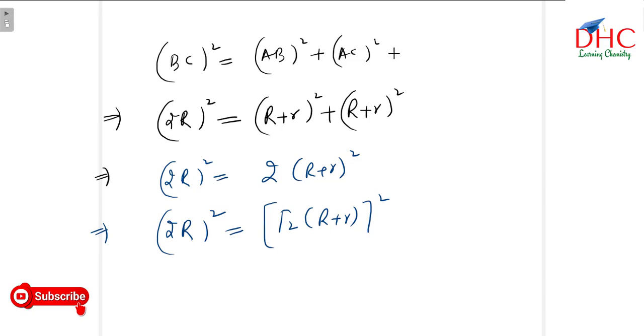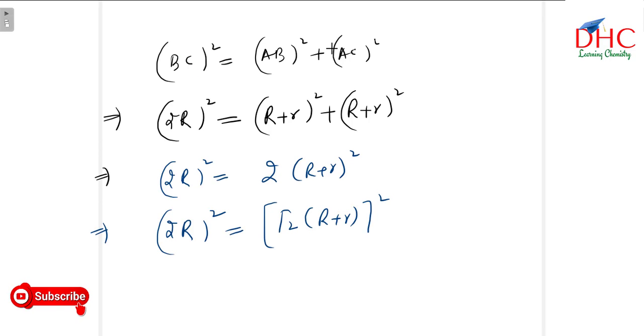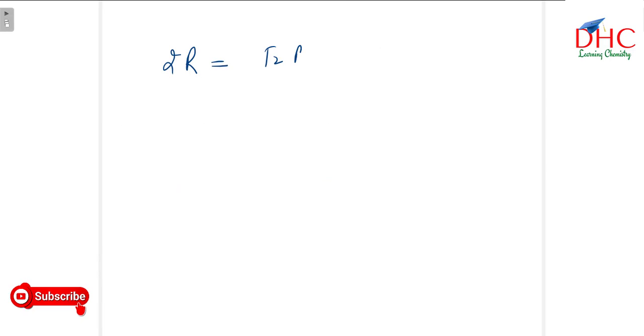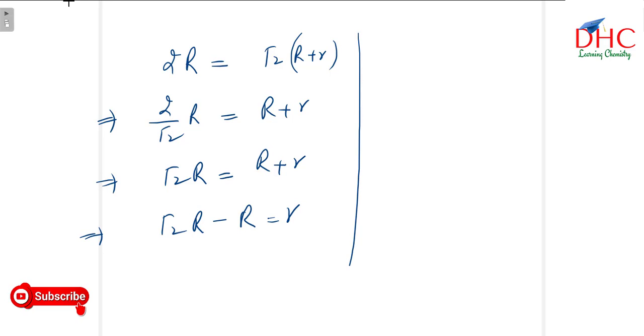Now this square and this square will go, so you are ending up with 2R जो है वो बराबर आएगा, that is root 2 into (R plus r). This implies 2 by root 2 into R, ये root 2 divide हो जाएगा. So you are getting R plus r. This implies root 2 into R is equal to R plus r. This implies root 2 into R minus R will be equal to this r.